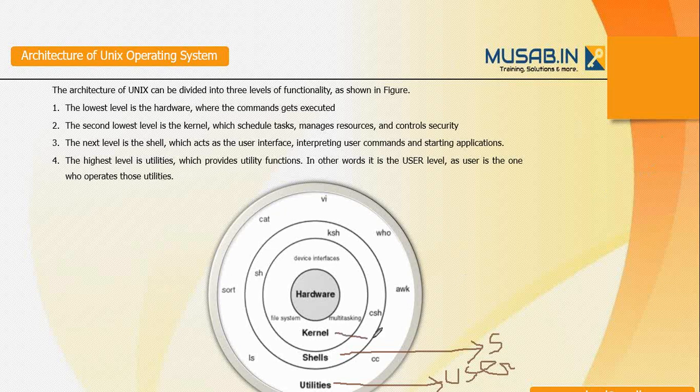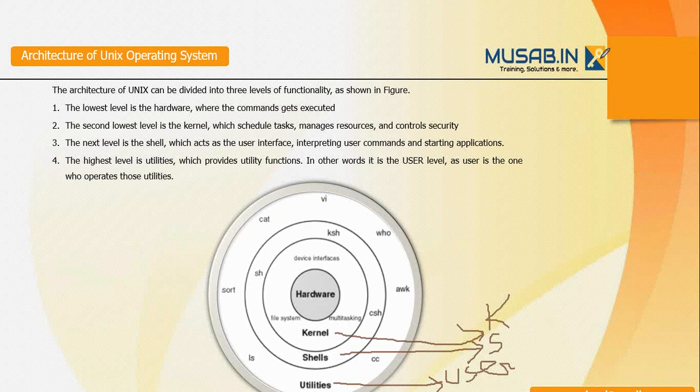To the most important part of your operating system. We call it kernel. So kernel is the most important part of any operating system. If kernel is crashed, the entire OS is gone.